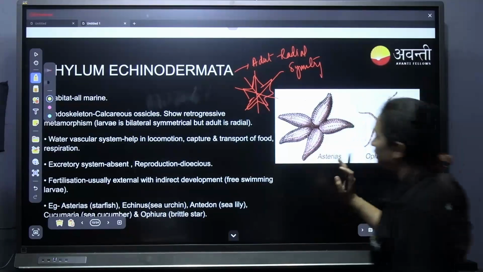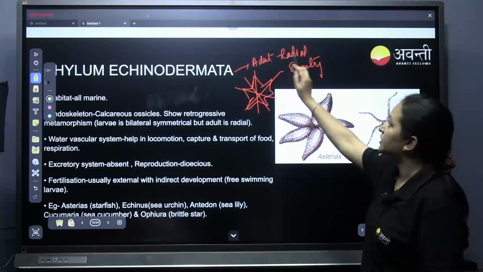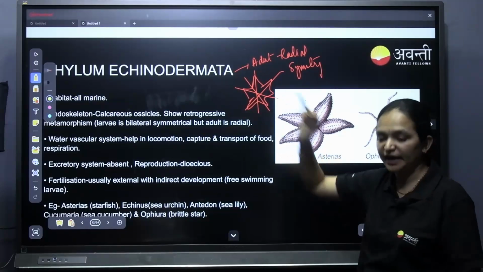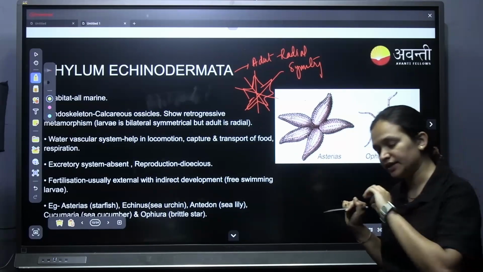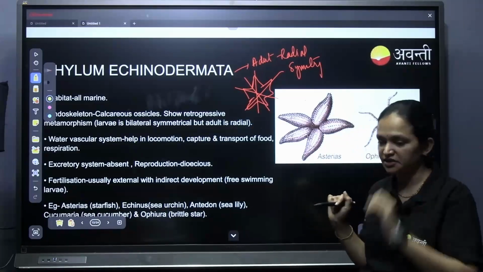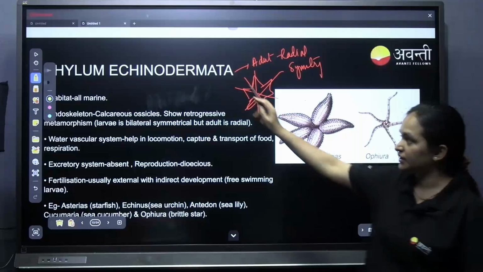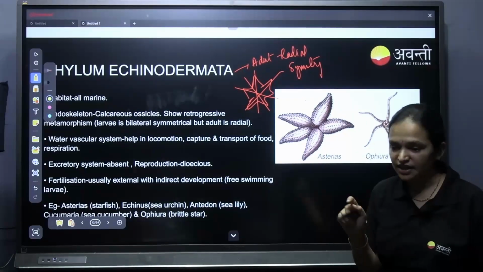You can break it into many planes. So the adult has radial symmetry, and the larval stage has bilateral symmetry. This is very important, a previous year question, and they can also ask it this year. In Echinodermata, the adult stage has radial symmetry and the larval stage has bilateral symmetry.